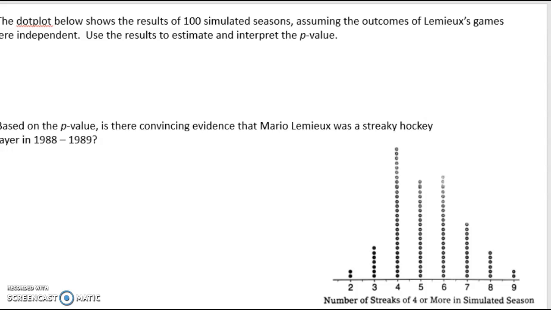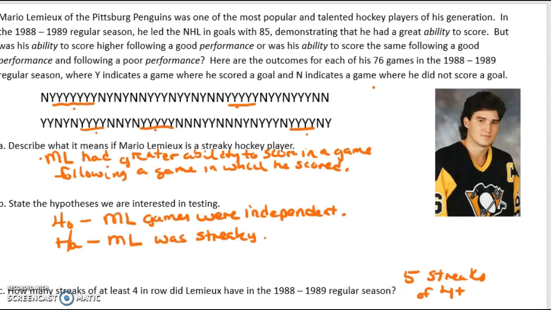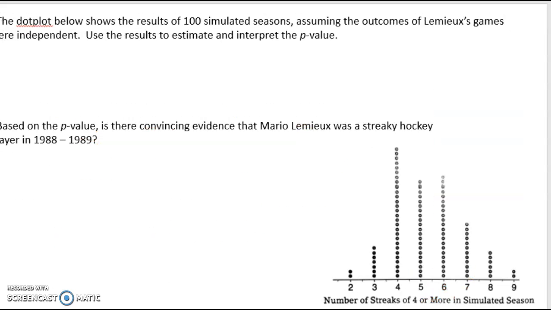So we're going to estimate and interpret the p-value. So what do we get? We get 5. We got 5 streaks of 4 plus. So p, all right, here we go. Test statistic was 5, which is going to be, all right, here's the bad news, people. You're right here. So there's 5 streaks of 4 or more.